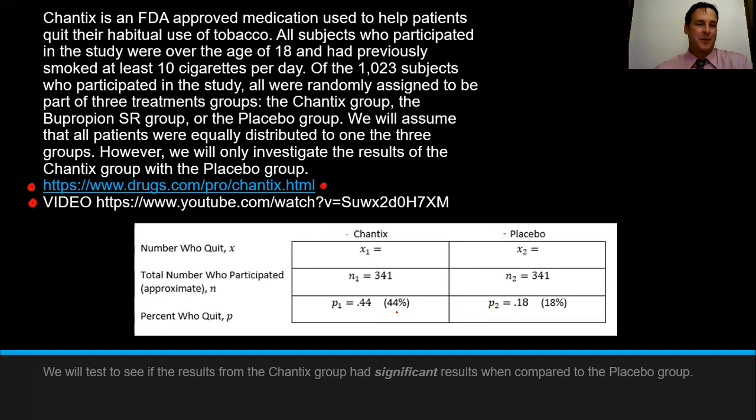And what we want to know is, if I'm a research company, did the 44% have a statistically significantly bigger value than the 18% from the placebo? Now, as I look at that, it seems kind of obvious.